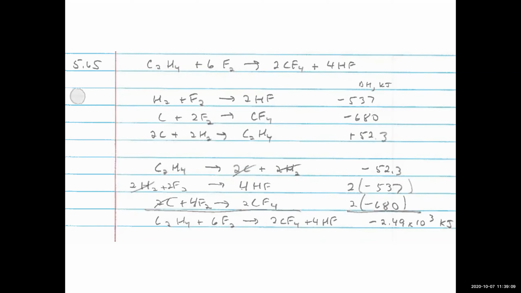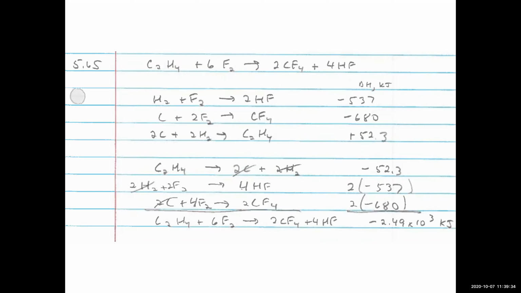And what we start to see is, the way it's written now, we're not balanced. For instance, if you look at the C plus 2F2, there's only one CF4 there. We know in our final equation we need 2. So we can simply multiply all that by 2. Then we have 2C plus 4F2 going to 2CF4.